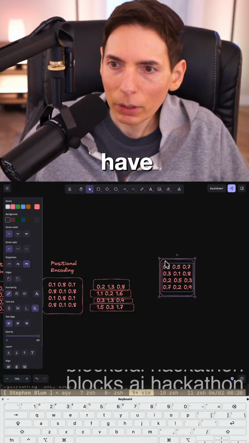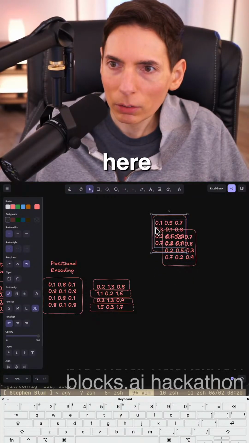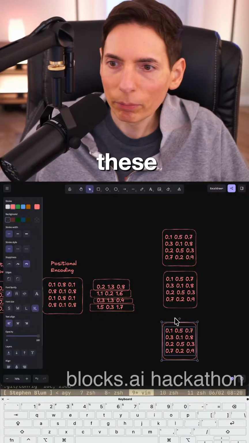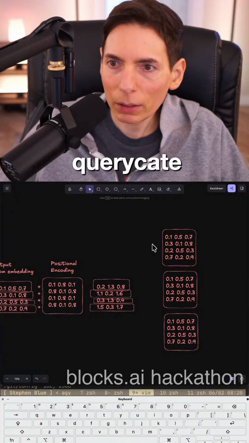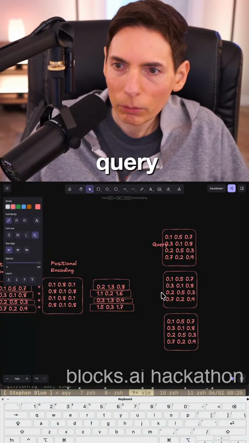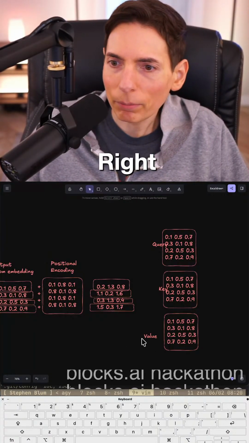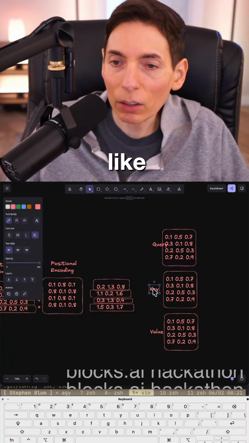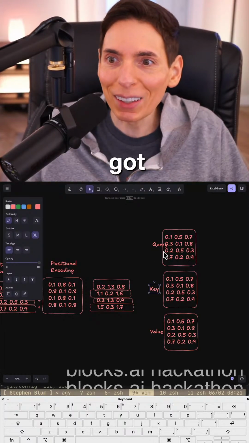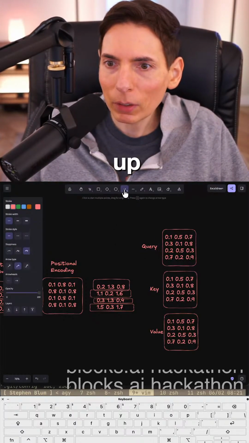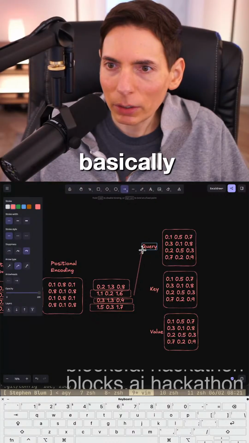So we're going to have 3 of these here, 3 projections, although for performance, you can just merge these. So you've got query, we've got our key, we've got our value, right? So 3 projections, kind of like convolutional neural networks, right? You got your filters, and then you split these up.